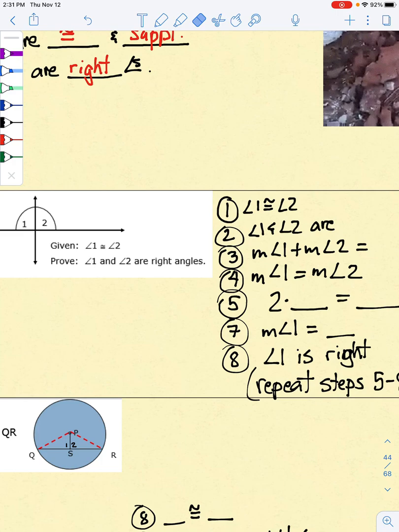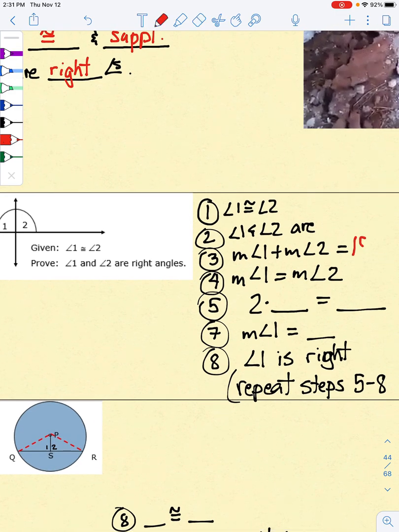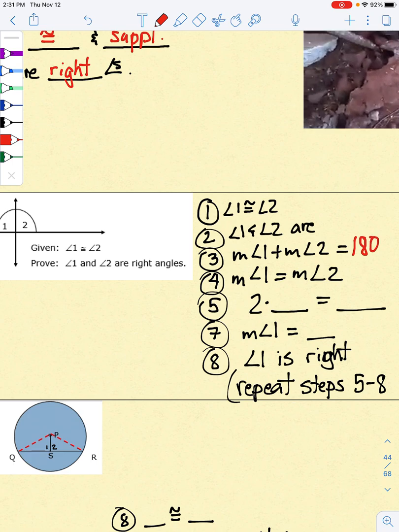We can assume that. Sorry, that's not an assumption. That's just the definition of straight angle. Okay, that it is 180 degrees, and so those two angles have to add up to 180. Number 3, definition of supplementary. Measure of angle 1 plus the measure of angle 2 equals 180.